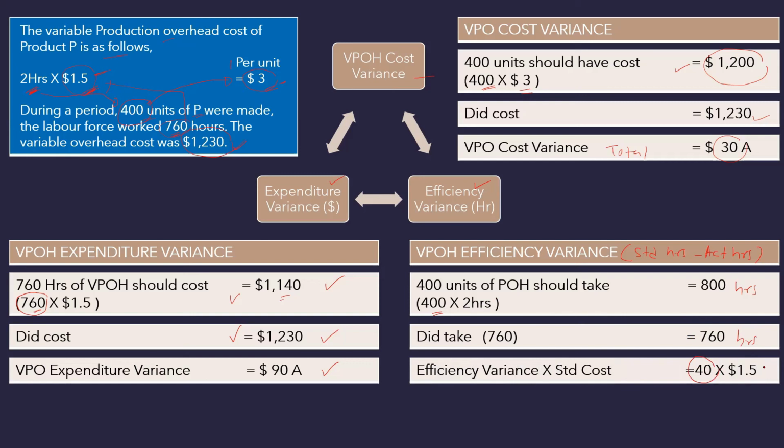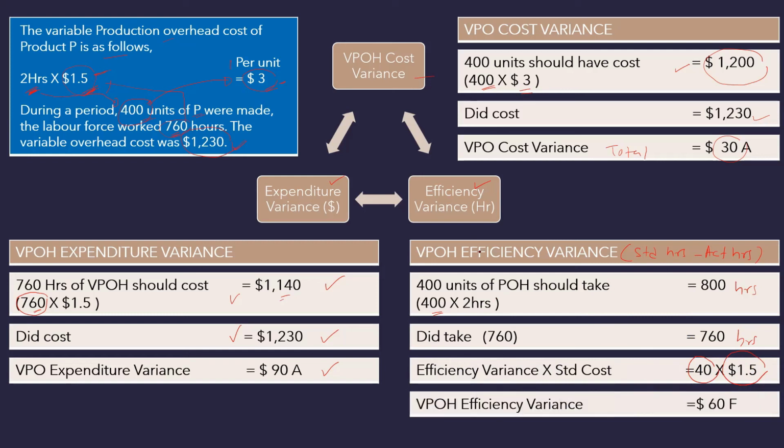If we use the standard rate, it is $60, which is a favorable variance.